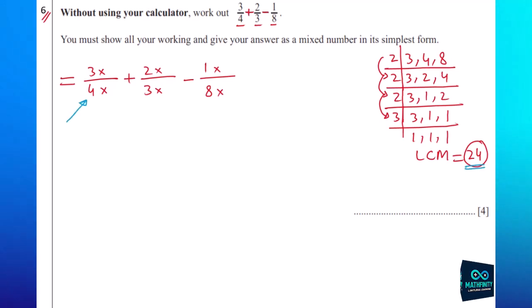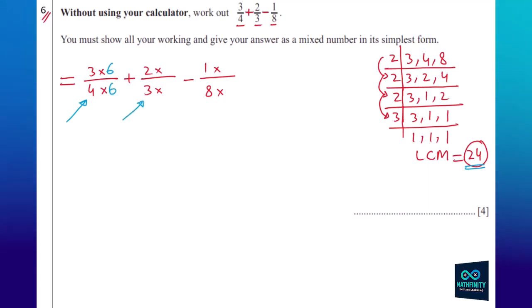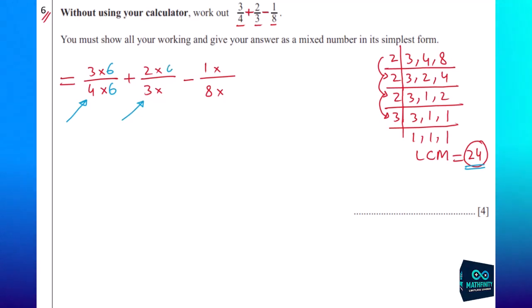It will be 6. So we have to multiply numerator and denominator with the same number. What number we will multiply by 3 to get 24? It will be 8. So here 8 and here 8. What number we will multiply by 8? The answer will be 3. 3 here and 3 here.